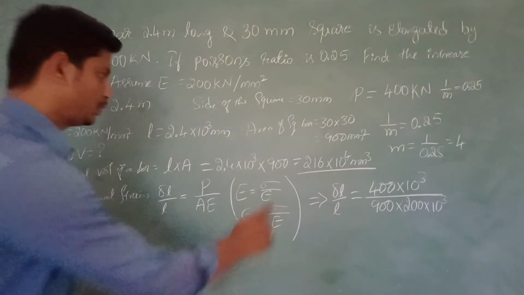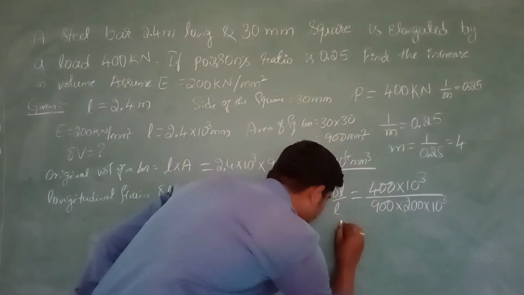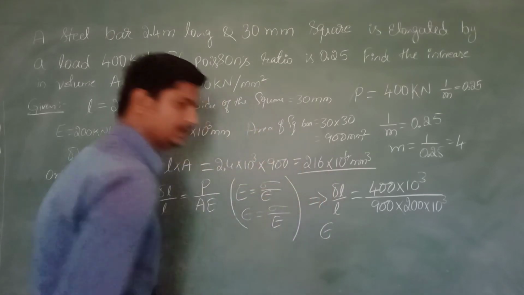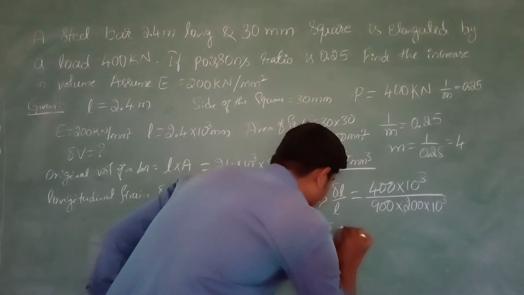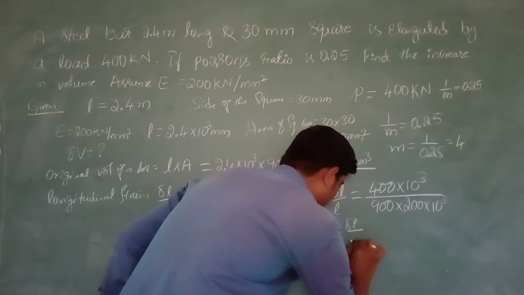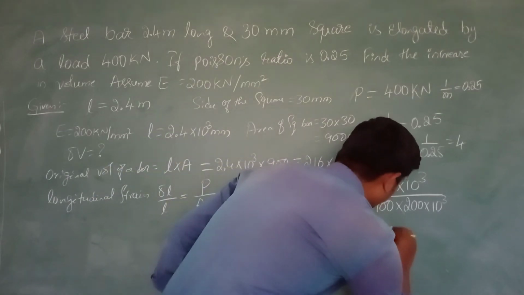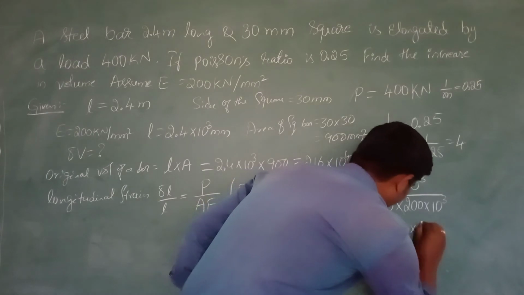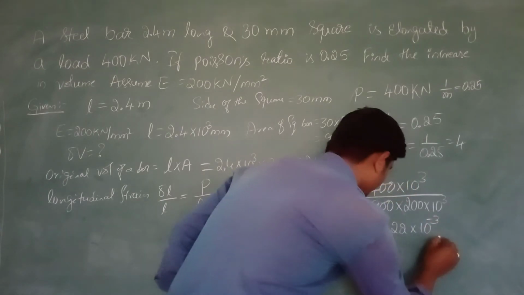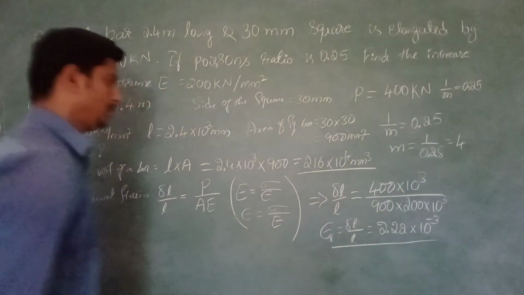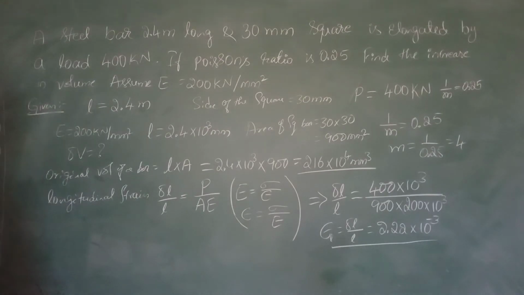Simplifying these values, the longitudinal strain delta L divided by L is equal to 2.22 into 10 to the power of minus 3.